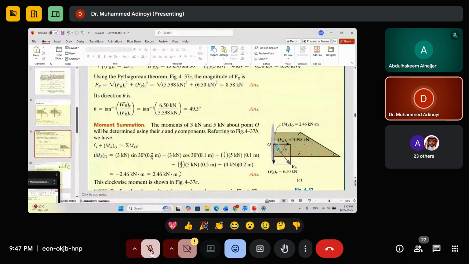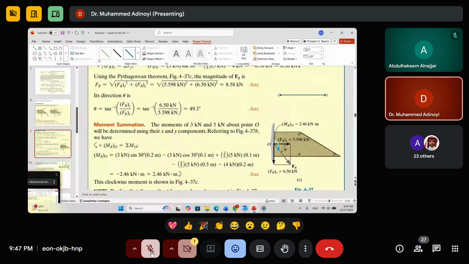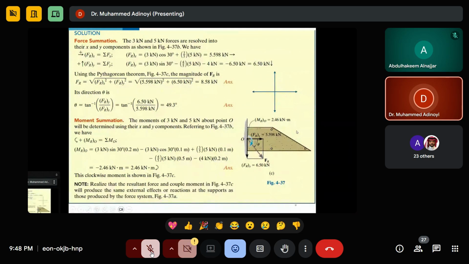So let me do something here quickly. You want to be here. So we assume that this is your quadrant. 1, 2, 3, 4.